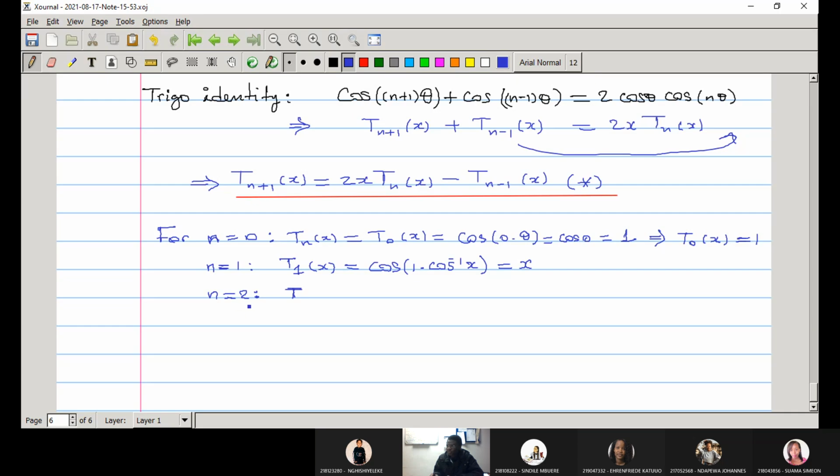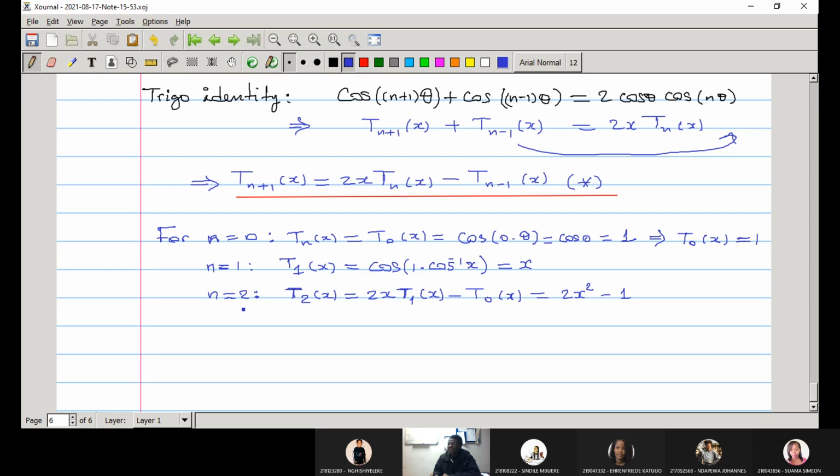Then I have T2 x will be 2x times T1 x minus T0 x. We know that T1 x is x, so it will be 2x times x, minus T0, which is 1, so 2x squared minus 1.